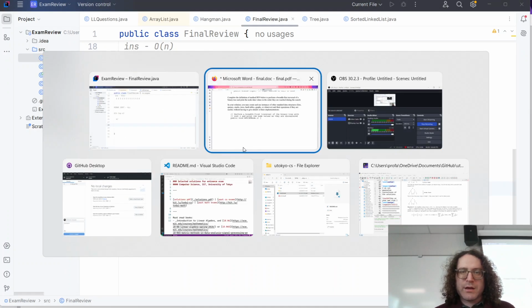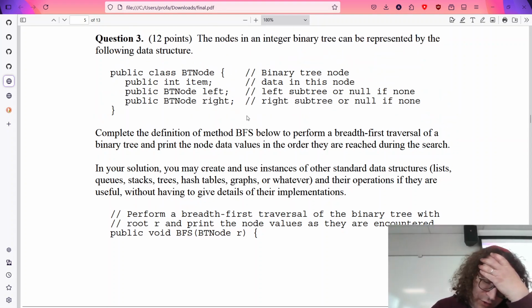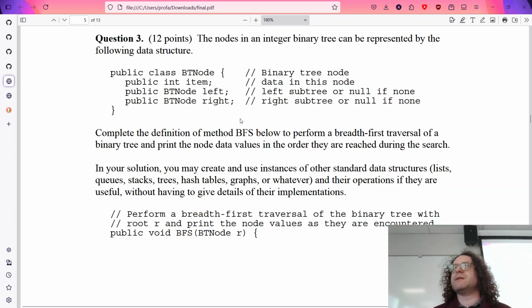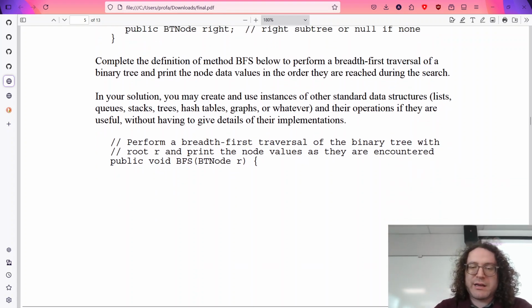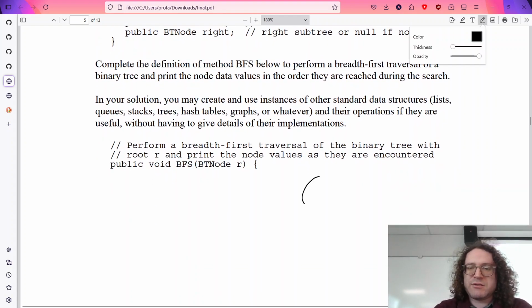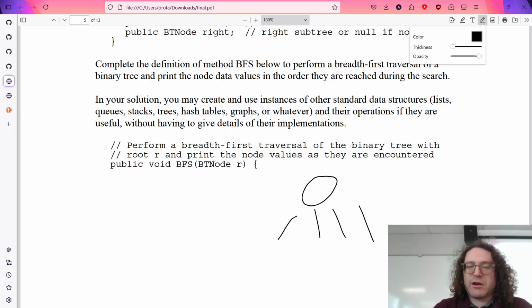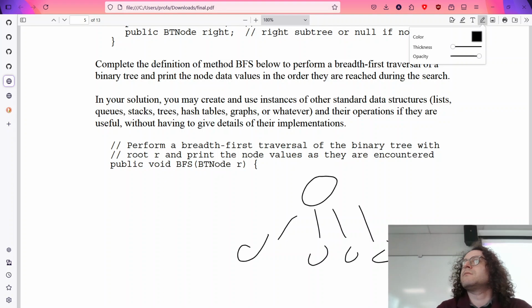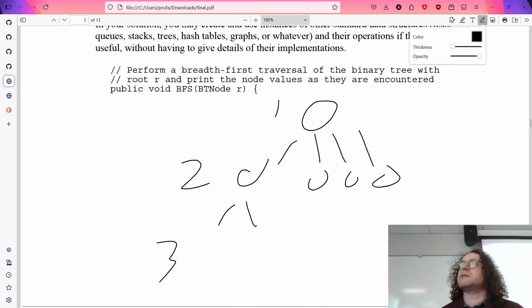Typically when we do search algorithms with trees, we have to deal with recursion. However, this is a breadth-first search of a tree. What does breadth-first search look like? We visit the root, and then we visit all the root's children. Then we visit all the children of the root's children. So this layer gets done first, then the next layer, before we visit anything on the layer after.